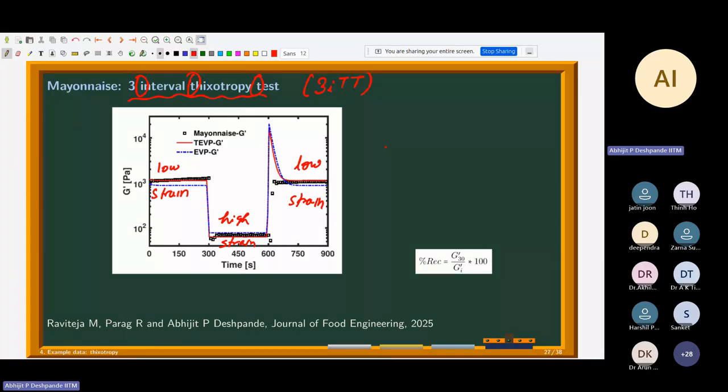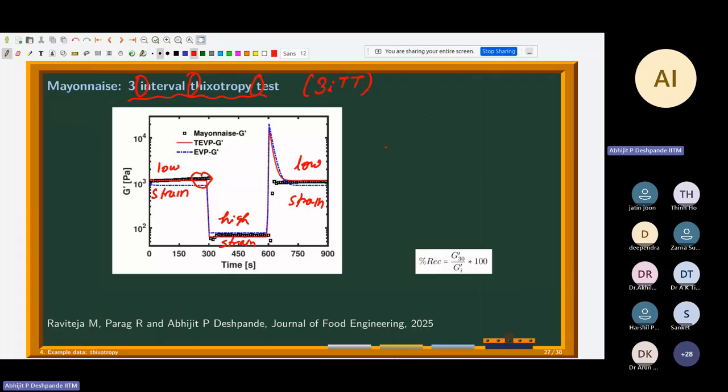Though the steady states, the eventual values of G prime, are being captured, you can see that the transition may not be as well captured by the current state of models. Those of you who are interested in these finer points can have an offline discussion with me related to the state of modeling for these kinds of material systems.